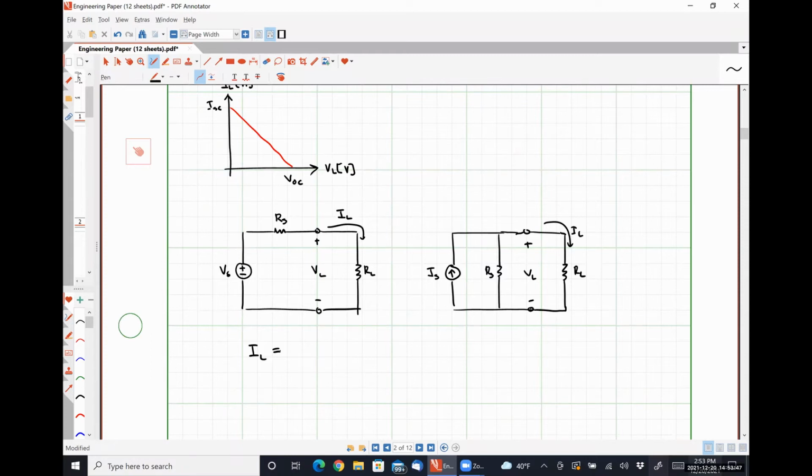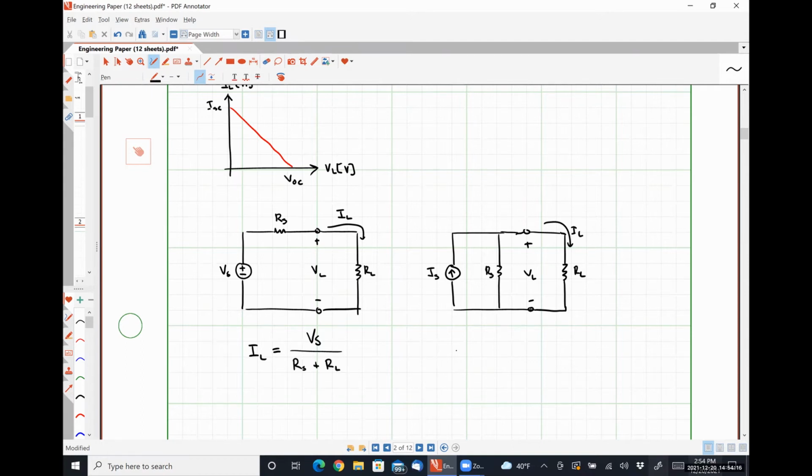What should my current IL be, in terms of these quantities? Exactly right. Application of Ohm's law tells us that we'll have Vs divided by Rs plus RL.